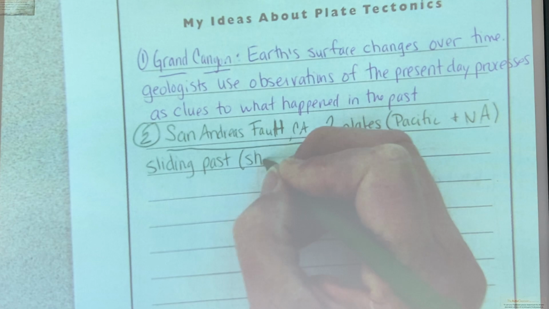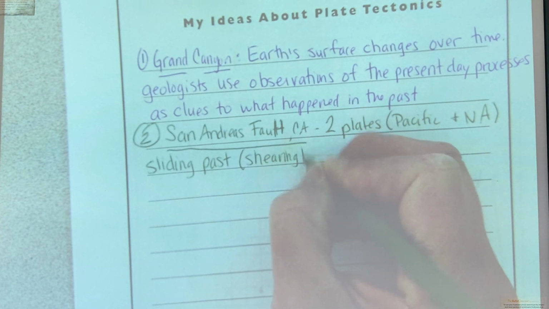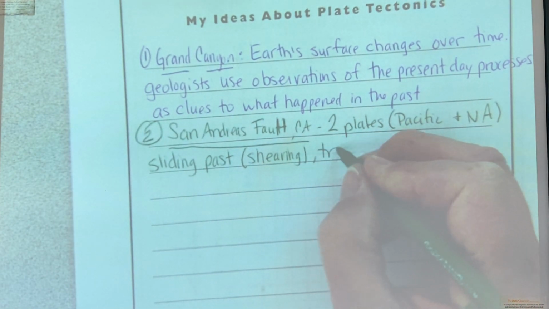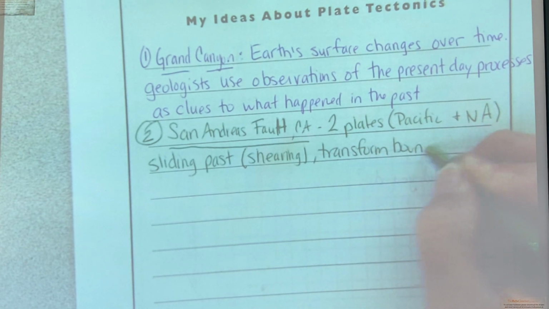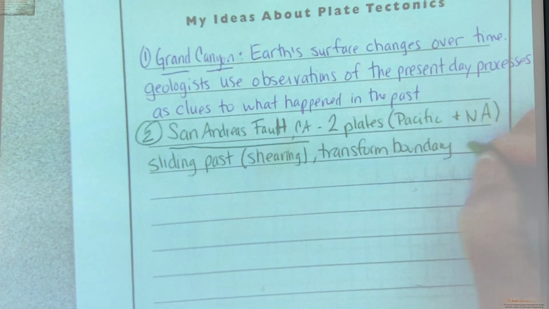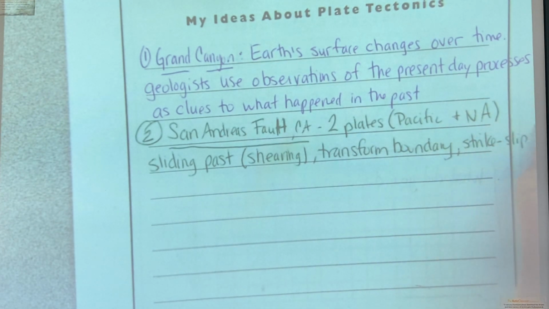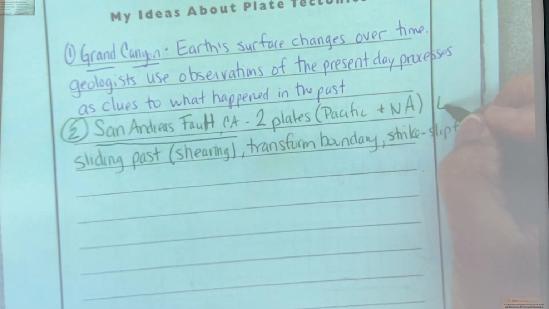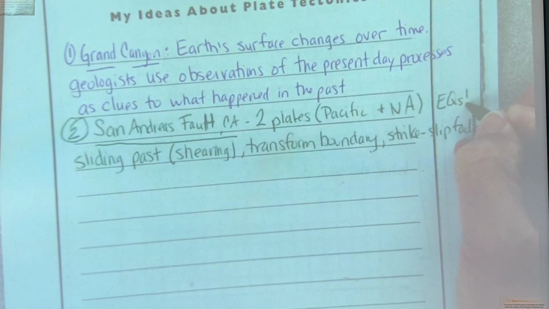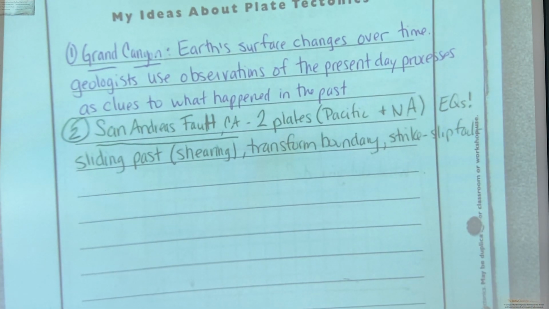The force was shearing. It's a transform boundary and a strike slip fault. And we did notice lots of earthquakes, right? Didn't see any volcanoes on those strike slip faults. We just saw a lot of earthquakes.